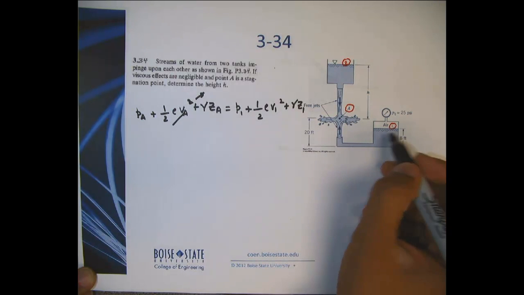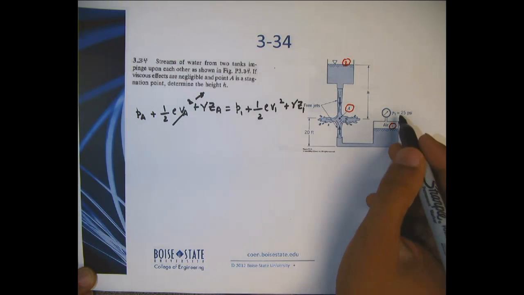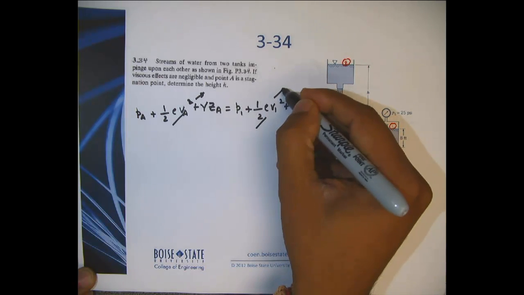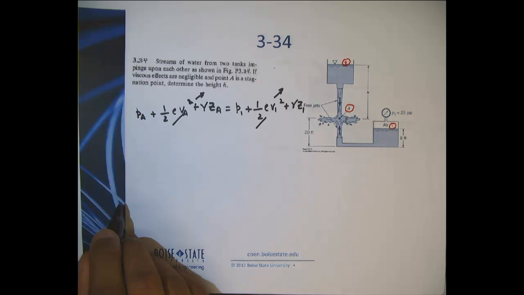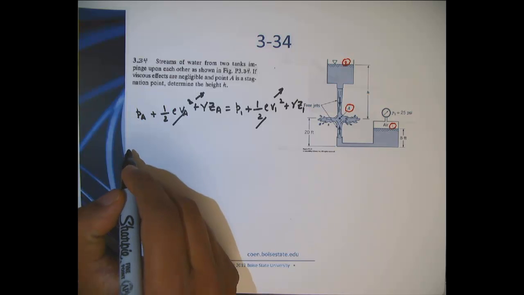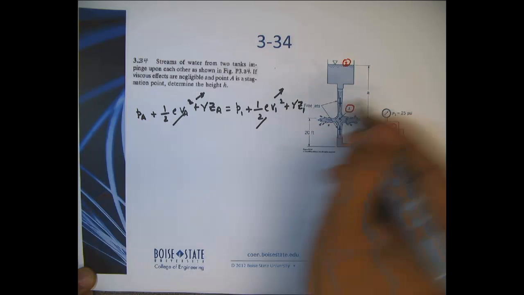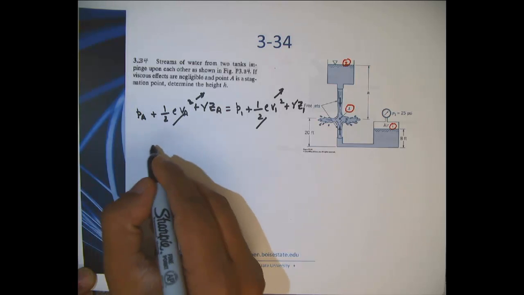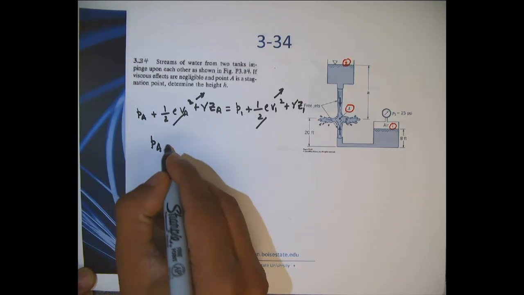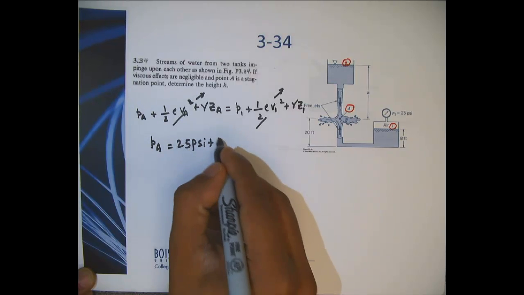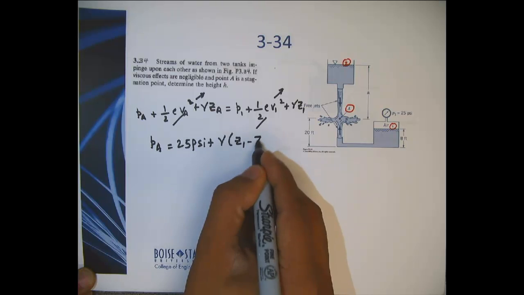We know that for a large tank, you can neglect V1. So V1 is 0. And so your only unknown in this case would be PA. There are several ways to compute H, but if you're ever asked to find the pressure at A, you can do it this way. So pressure at A will be 25 psi plus gamma (Z1 minus ZA).